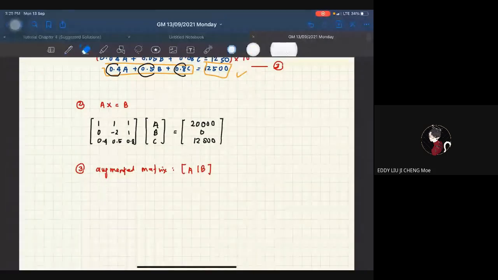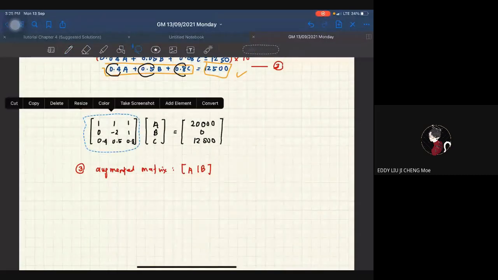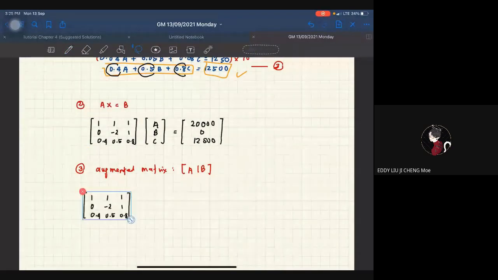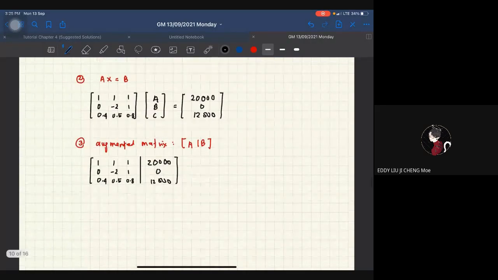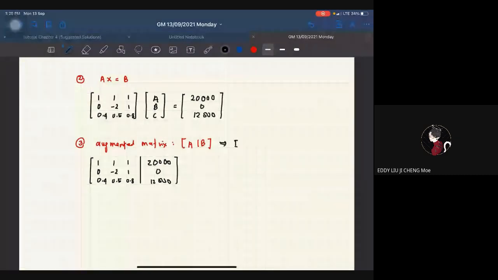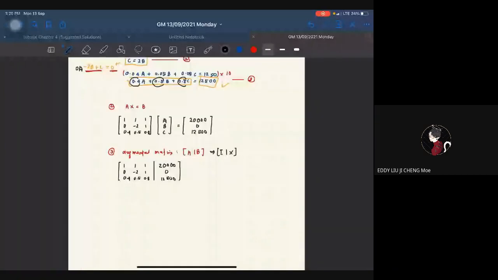Okay, so you just copy back your A matrix over here. Copy and then paste kat sini. Okay, and then we have a vertical line in the middle. Okay, and then awak tulis matrix B awak 20,000, 0, 12,500. Okay, so tujuan kita is kita nak dapatkan matrix I on the left and our X is on the right.